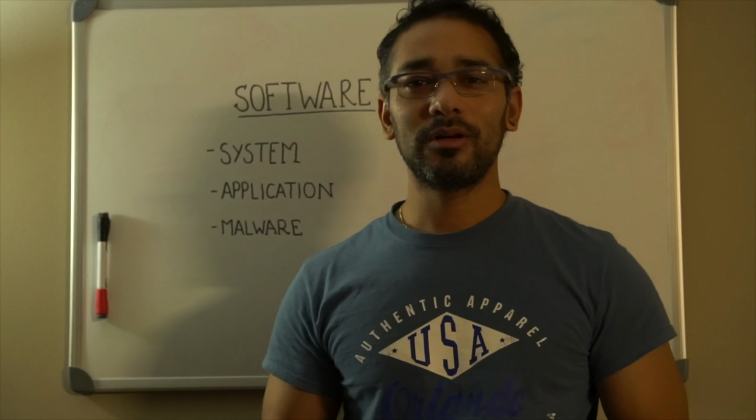Software can be divided into multiple categories. These are the categories, and I have done the categorization, so we'll discuss them one by one. The first one is system software. As the name indicates, system software is the software responsible for the smooth running of the system.